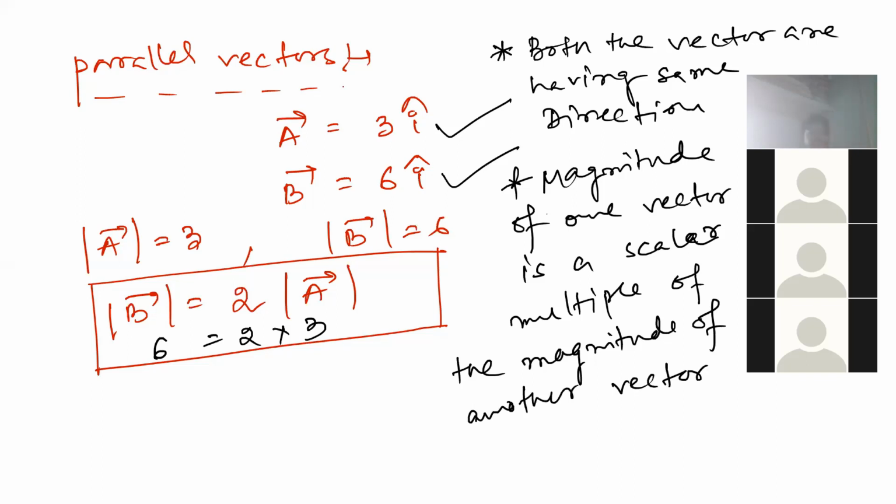This thing we can say. So whenever these two points are satisfied, I can say that two vectors are parallel. So that's why I am concluding that here A vector and B vector are parallel.